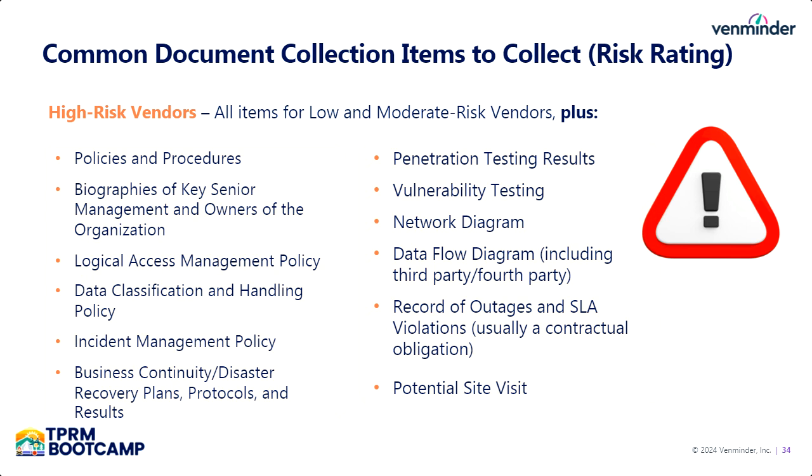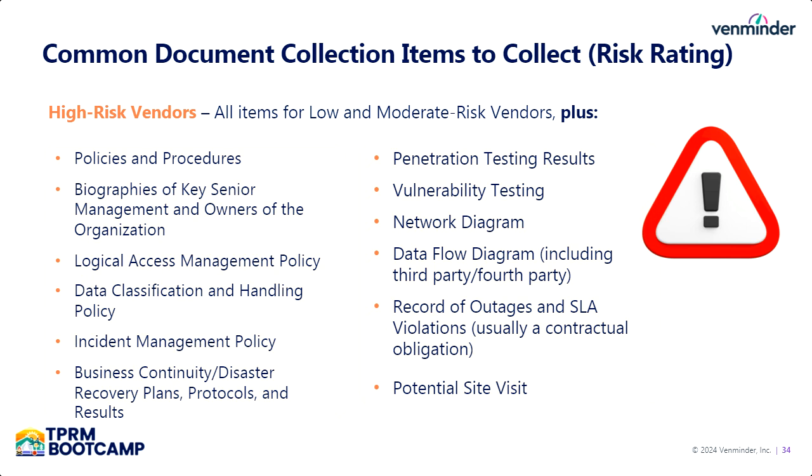So with high risk vendors, we're going to get all that baseline information, everything we were collecting for a moderate, and we're going to add on to that because now we're getting more comprehensive policies and procedures. We're really going to be looking into their senior management and owners.